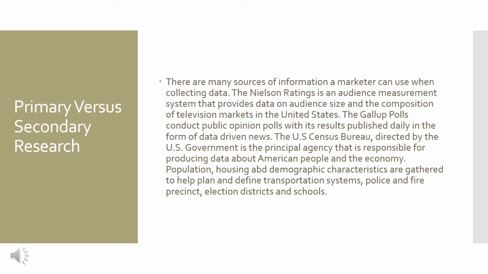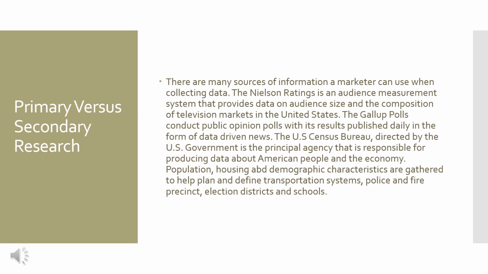Primary versus secondary research. There are many sources of information a marketer can use when collecting data. The Nielsen ratings is an audience measurement system that provides data on audience size and the composition of television markets in the United States. The Gallup polls conduct public opinion polls with its results published daily in the form of data-driven news.